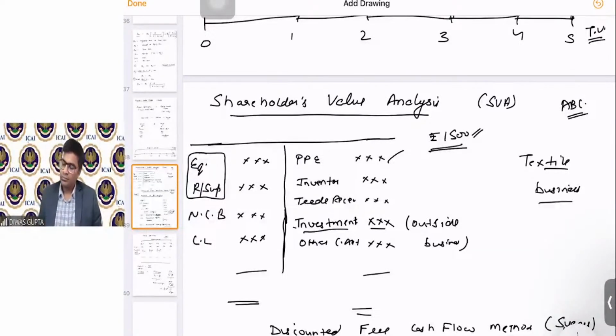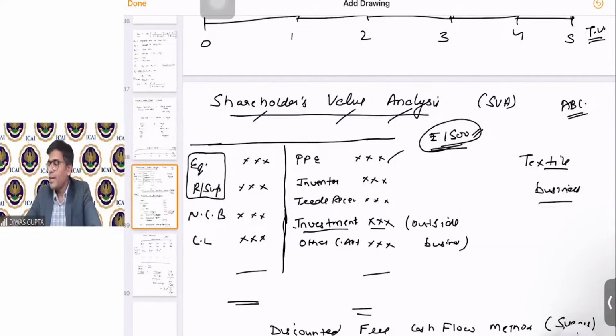Any other thoughts? So Guram is saying that we can assign it. Can we say that this 1500 is the value of equity shareholders? And that is why the concept of shareholders value analysis. Tell me, or is there some adjustment needed?